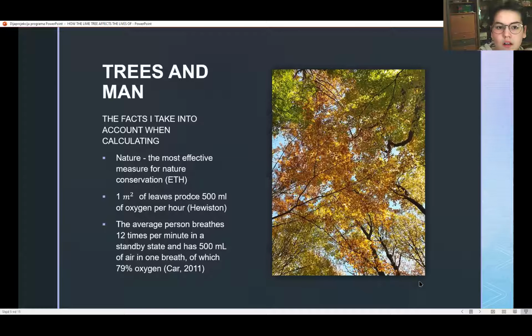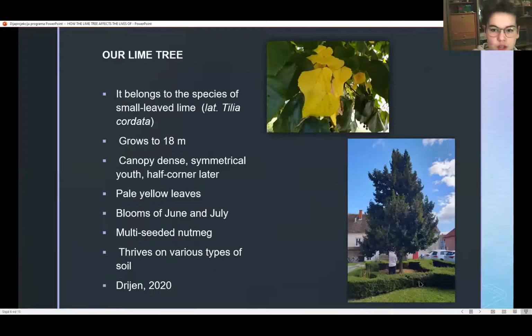So a little bit about our lime tree. Our lime tree belongs to the species of small-leaved lime. The small-leaved limes are delicate trees that grow up to 18 meters. The canopy is dense, conical, and symmetrical, and later on hemispherical, rounded and wide.